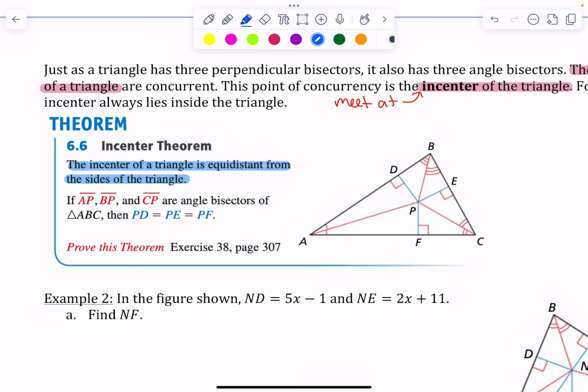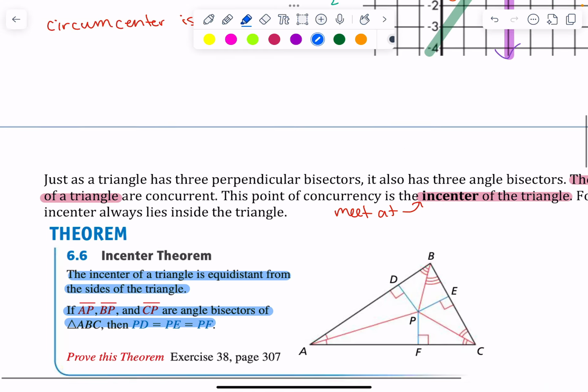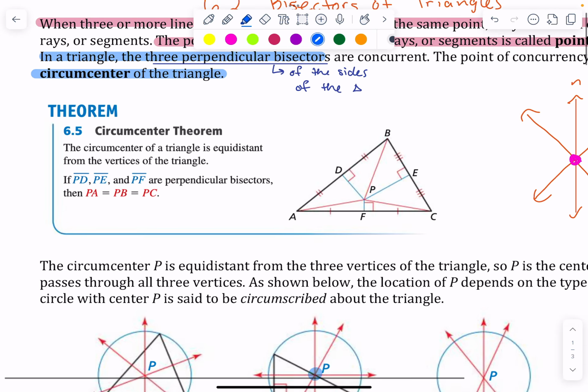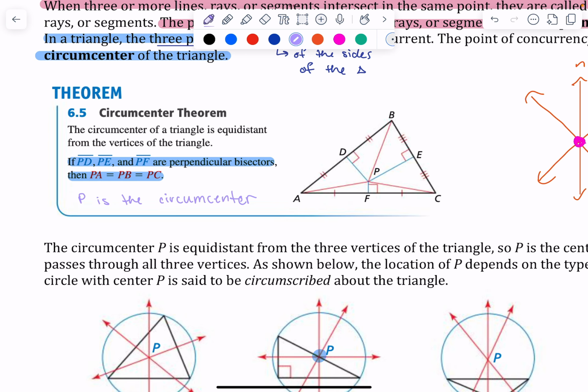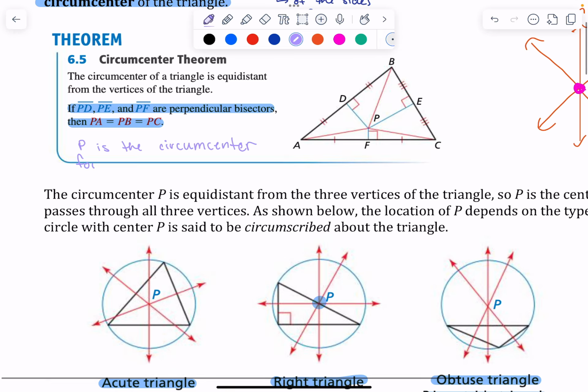So this part is important. And actually, you should probably highlight this section up here as well. And let's just label this. P is the circumcenter, formed by perpendicular bisectors.